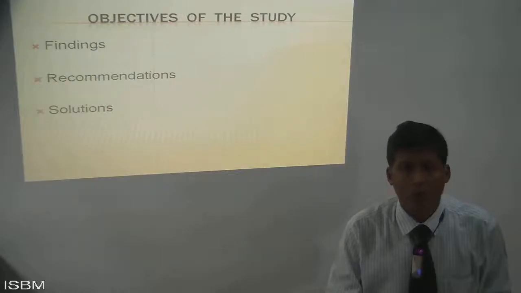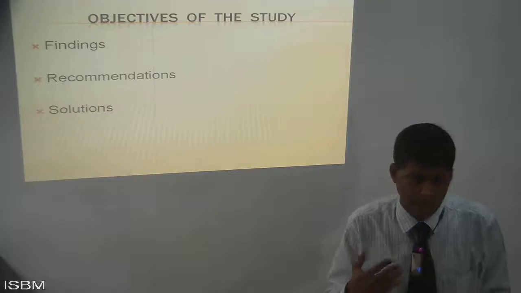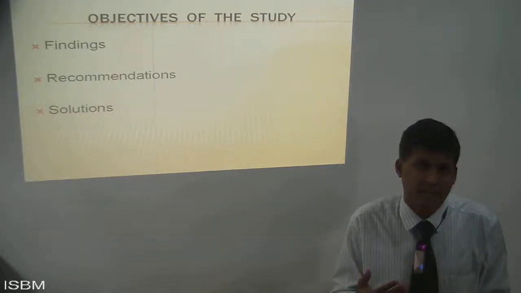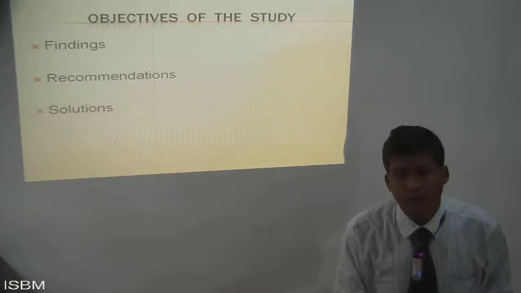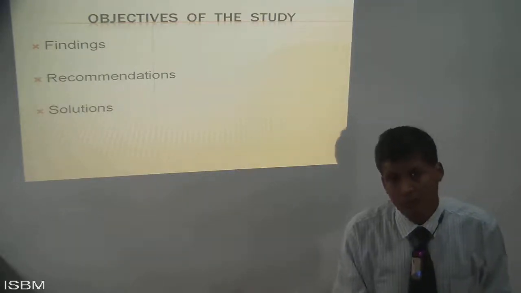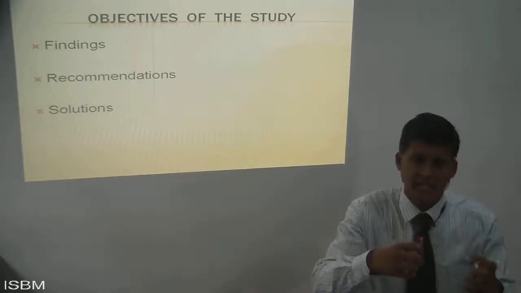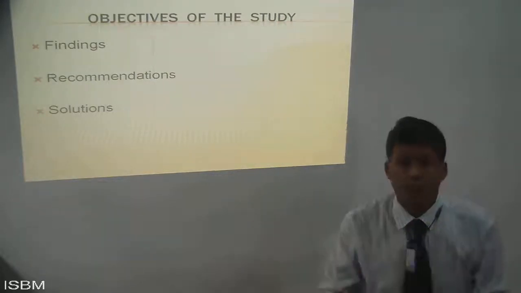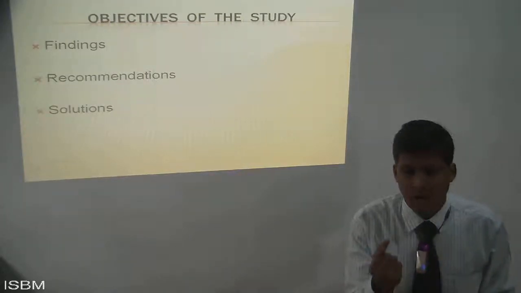Second, we will look into the recommendations given from these findings, and also possible solutions. Then, students, we will interpret this data and correlate it to our case studies, because they are all interlinked.